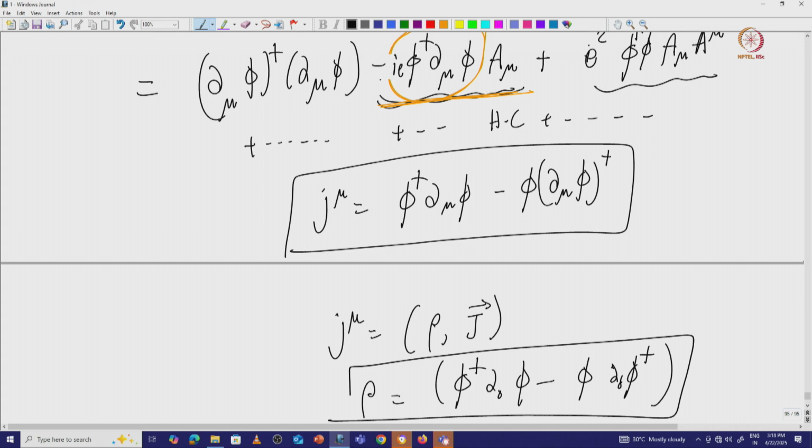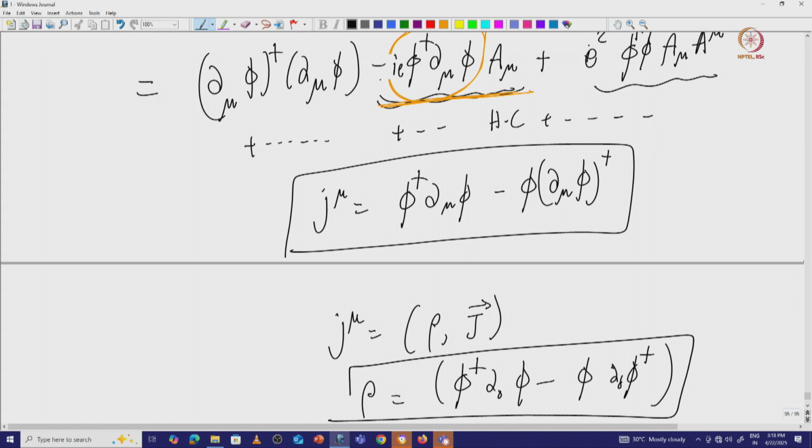It can be interpreted as electric charge density because this is the one which is coupling to photons.